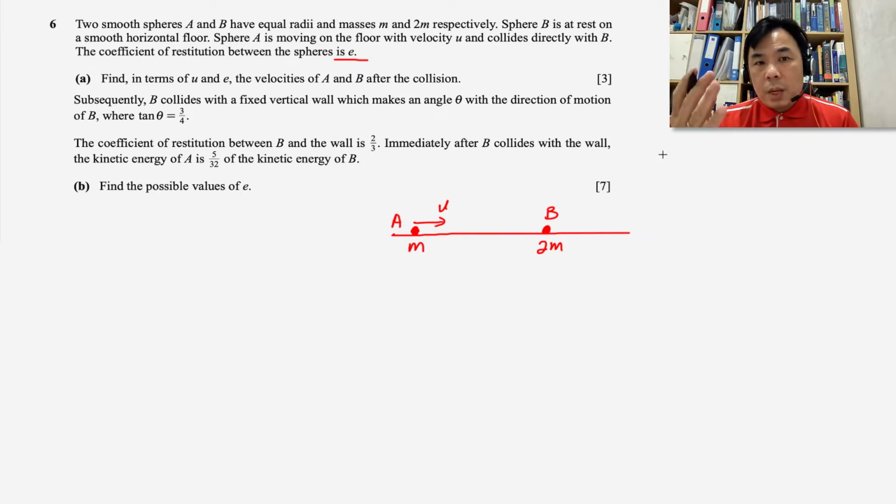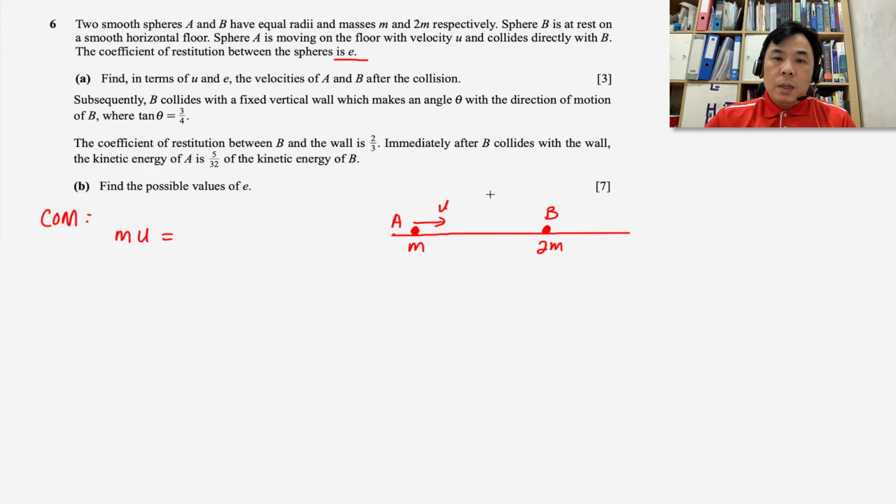So we're going to apply that first. Total momentum before: sphere A is the only object that is moving, so the total momentum before collision is given by mu.